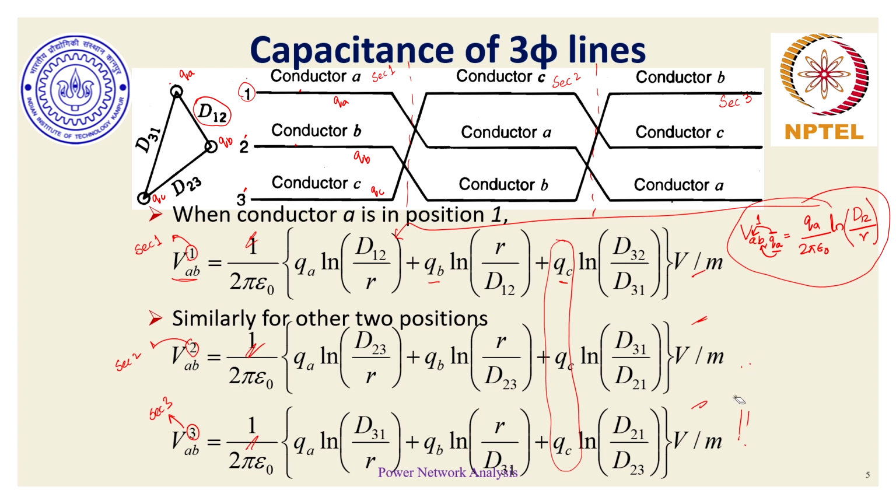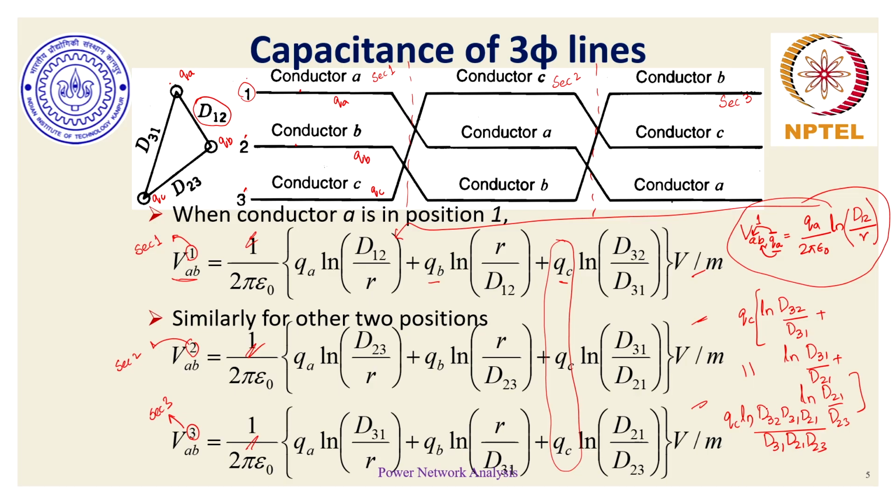QC natural log of D32 by D31 plus natural log of D31 by D21 plus natural log of D21 by D23 is equal to QC natural log of D32, D31, D21 divided by D31, D21 and D23.